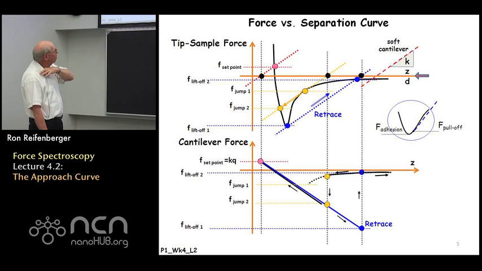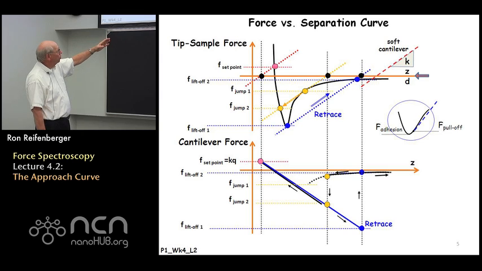After the tip has jumped into contact with the substrate, you continue to load the tip against the substrate. You follow the straight line curve, and then on retrace, as you come back, you have to unload the tip from the substrate. The tip will stick to the substrate because there's an adhesive force. Or in principle, there could be an adhesive force, right?